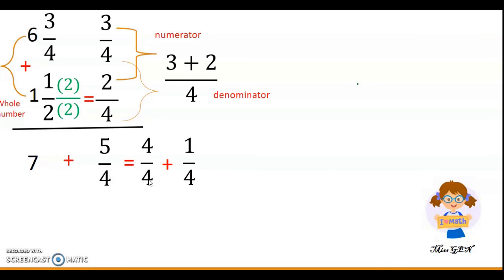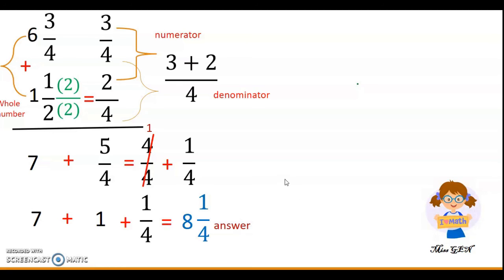So 4 divided by 4 will give us a value of whole number 1. So 7 plus 1 plus 1 over 4. So our final answer is 8 and 1 over 4, or 8 and 1/4. So this will be our final answer.